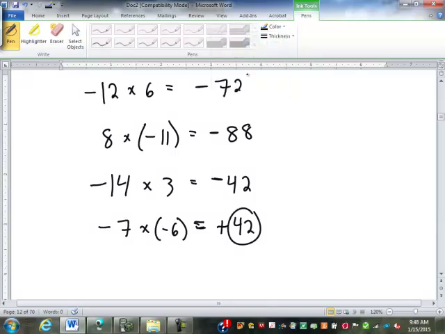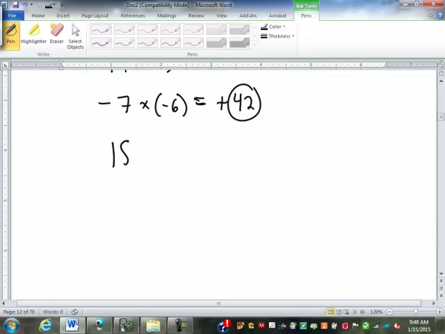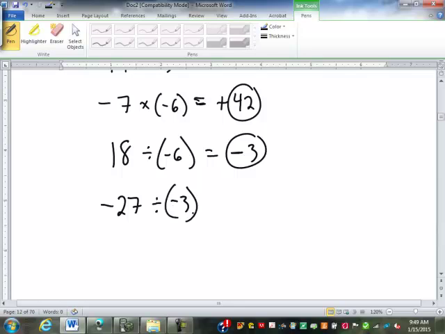Let's jump right into dividing. Same rules as multiplication. 18 divided by negative 6 is going to be, first of all, positive or negative? Negative, and 18 divided by 6? 3. Negative 27 divided by negative 3.